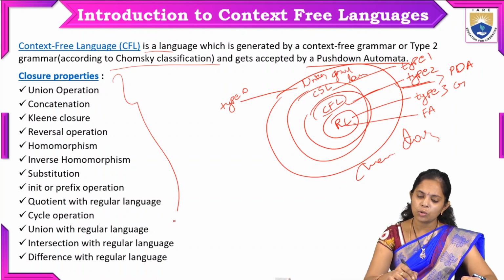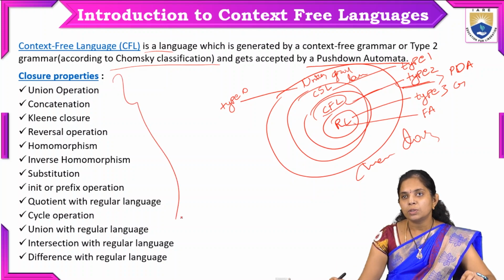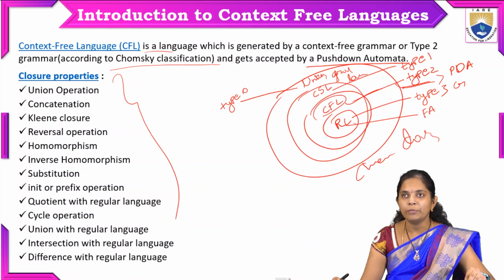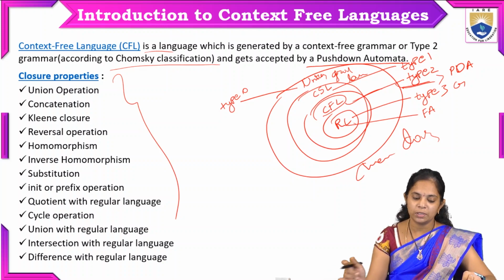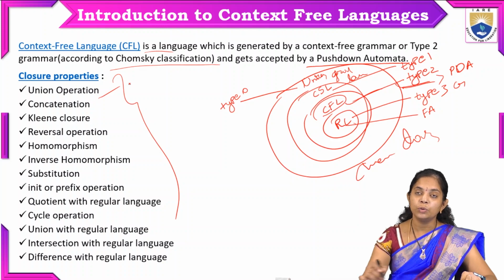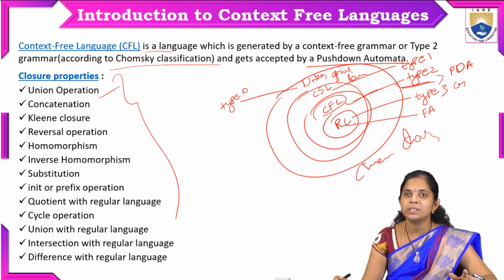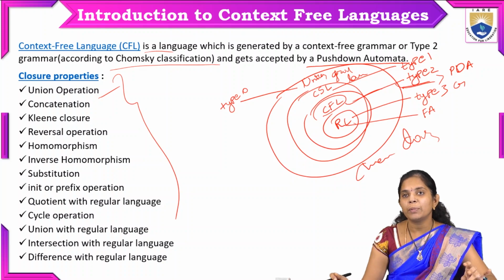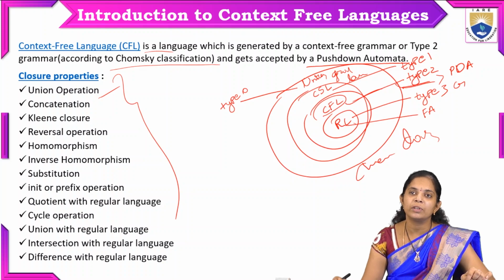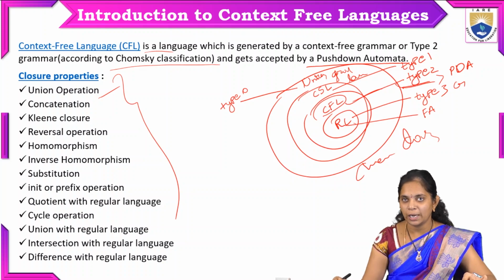Coming to the closure properties of context-free languages. When we have the union operation, we can perform union on two context-free languages.